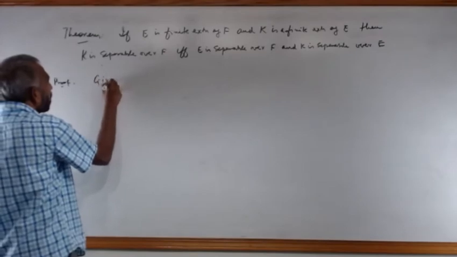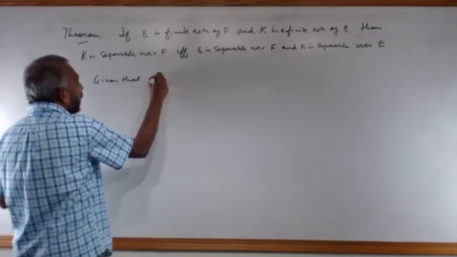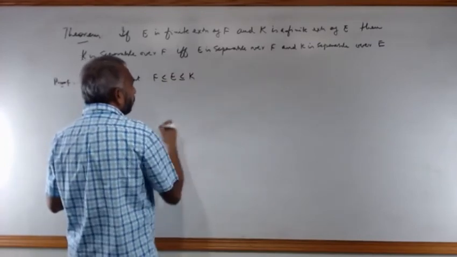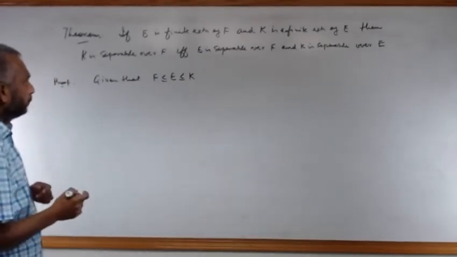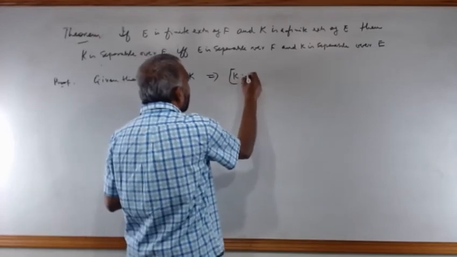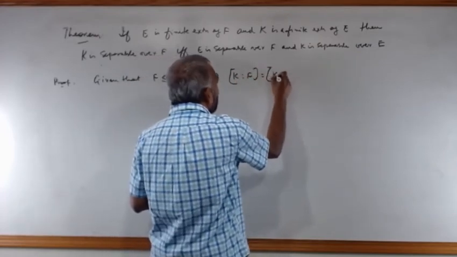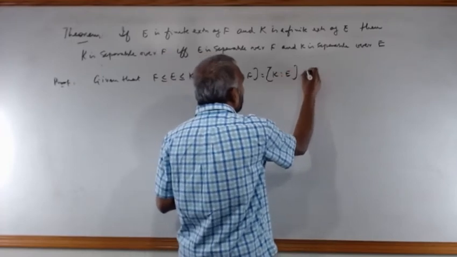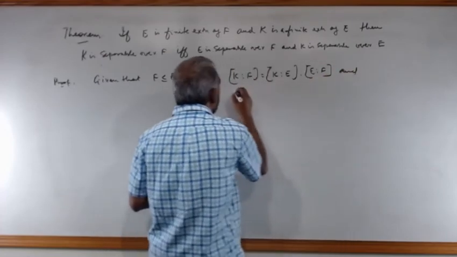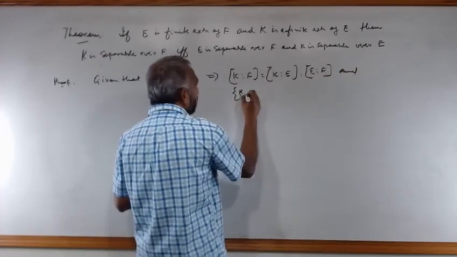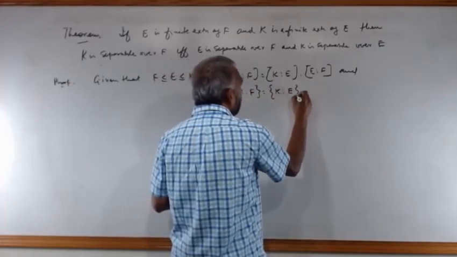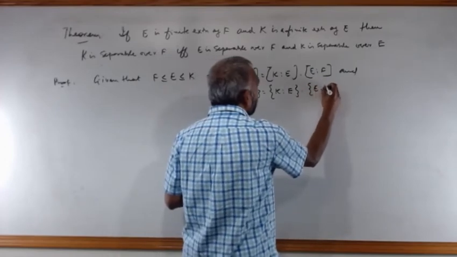A very simple proof. Given that F is a subfield of E, which is a subfield of K, and all are finite extensions. This implies [K:F] = [K:E][E:F], and the index {K:F} = {K:E}{E:F}.